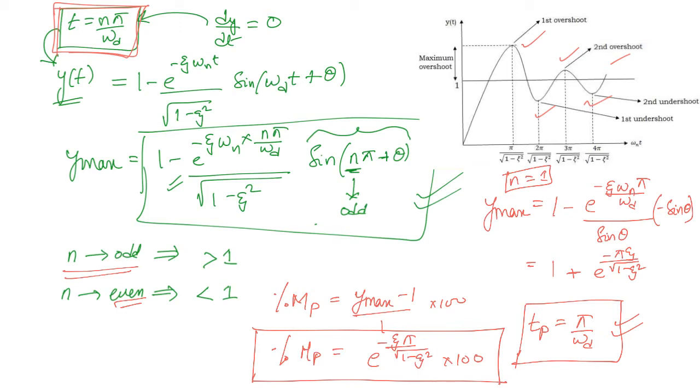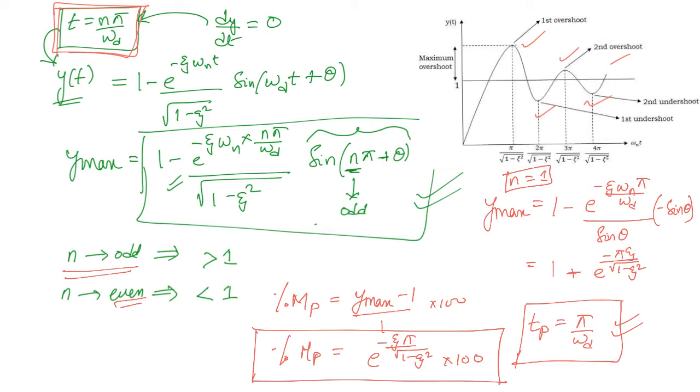One more important thing that you can notice here is we can also find out the time at which the first overshoot, second overshoot, third overshoot, and even the undershoots will occur. How? By different values of n.